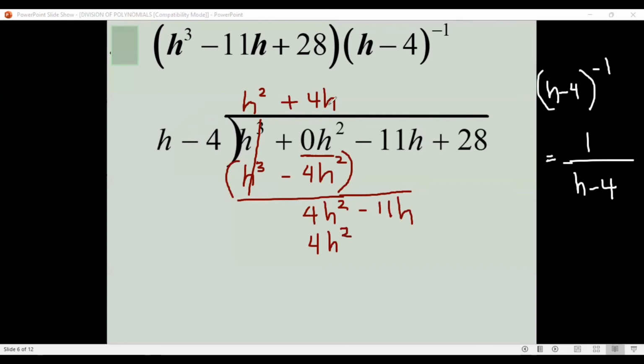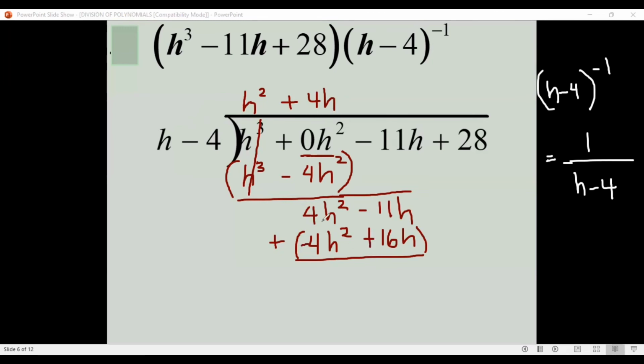And we have 4h with the negative 4. So that will give us a negative 16h. Okay, so we will now go to subtraction. Again, when we subtract, if you change that to addition, this will turn out negative, while this one turned out to be positive.